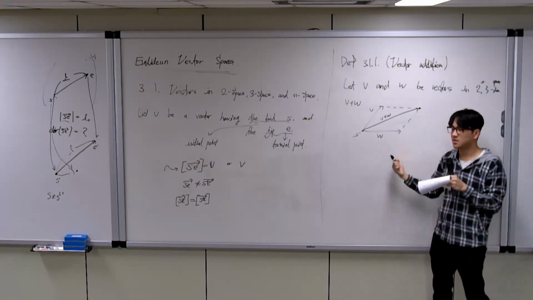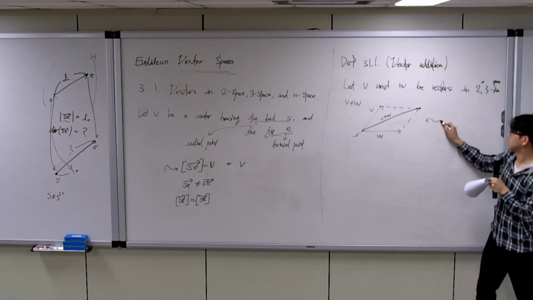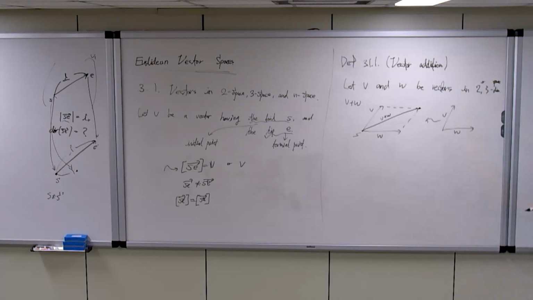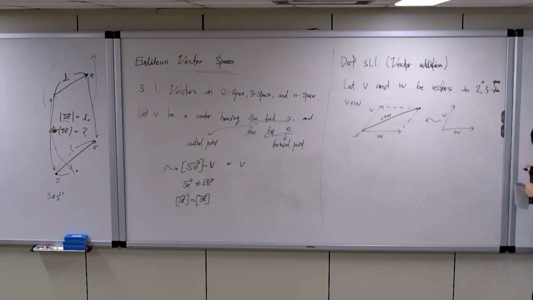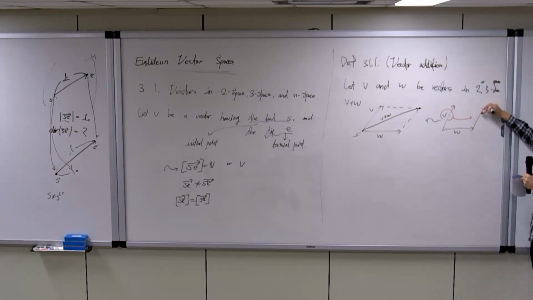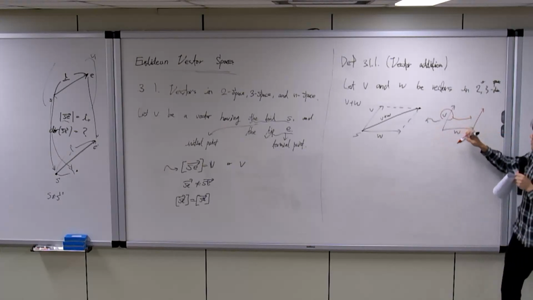You can also see this another way: translate the v vector so that its initial point is the terminal point of w.